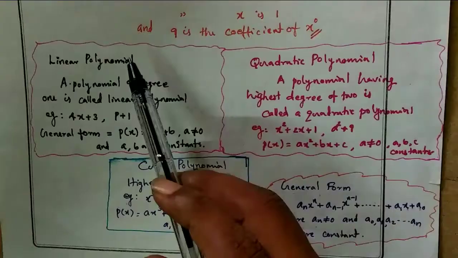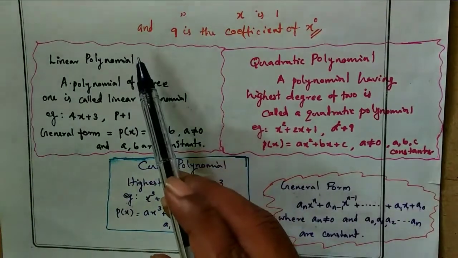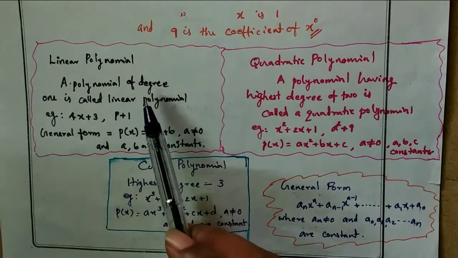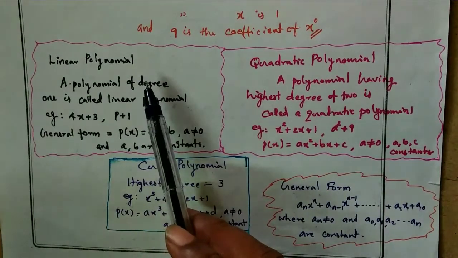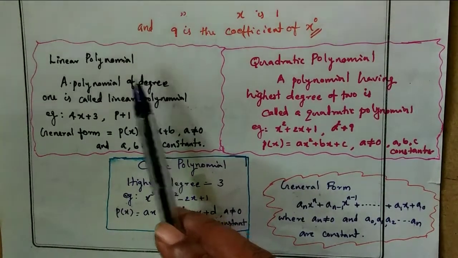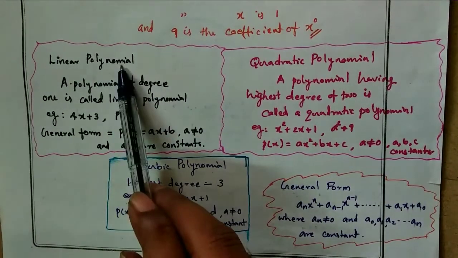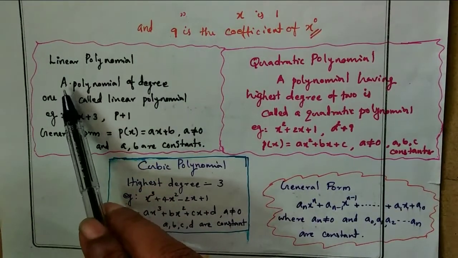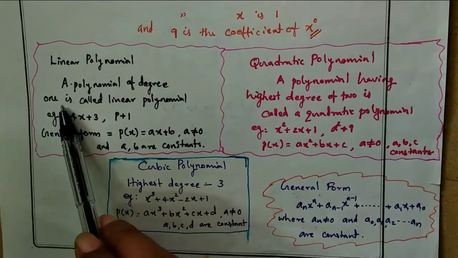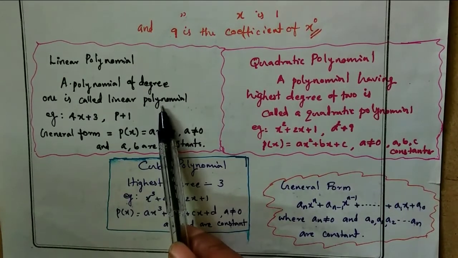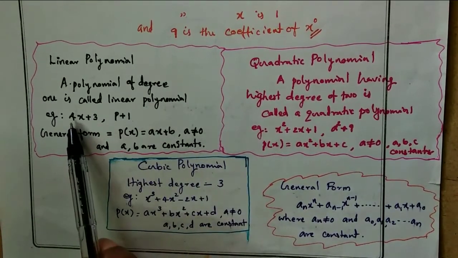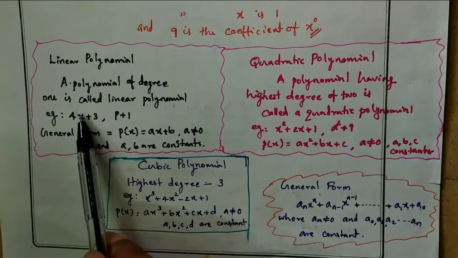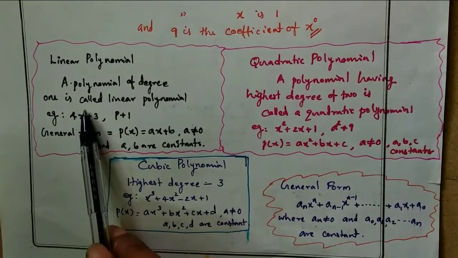Next we can use the degree of the polynomial. Polynomials can be divided into 3 types. One is linear polynomial. Linear polynomial means a polynomial of degree 1. Here is one example, 4x plus 3. The highest power of x is 1.